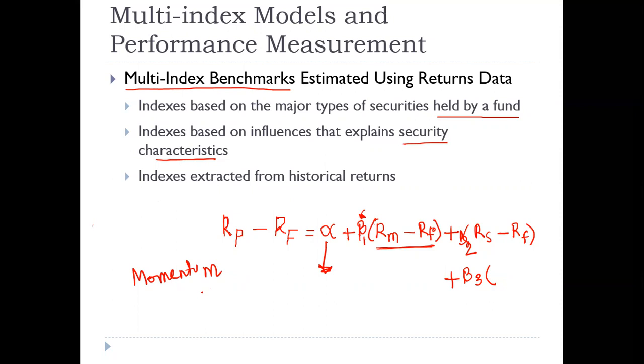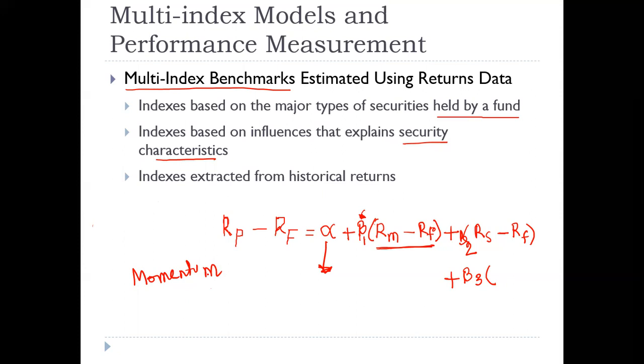And if it has been found that the stocks which performed poorly in the past are also performing poorly in the future, those stocks also have momentum characteristics. Okay.